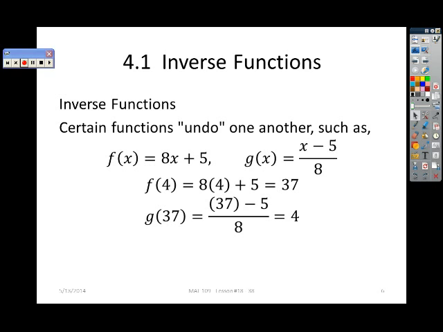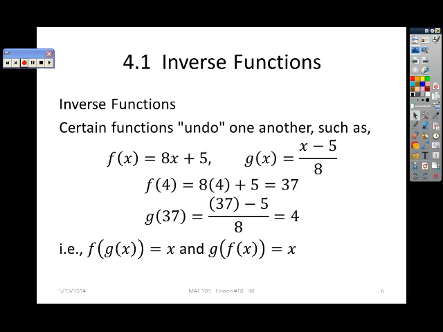This is the idea, though: if you take a number and apply one of the functions, and then whatever that result is, you apply the other function to that, if the combination of both of them gets you back to the one you started from, then they are inverse functions. That's the idea. Mathematically, it boils down to this.